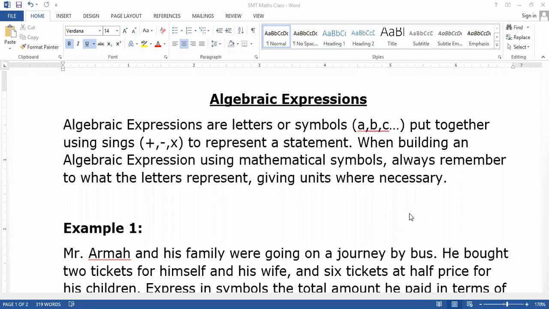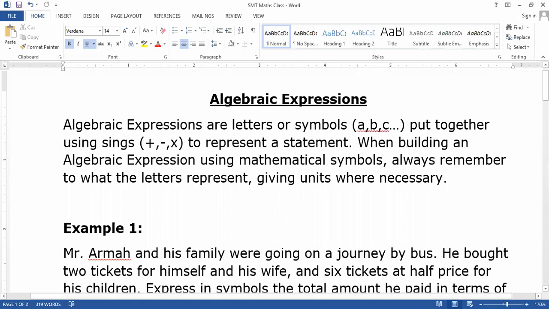We use something to represent something. Most of the questions that come are based on this. They like giving us a statement and they want us to represent it mathematically.